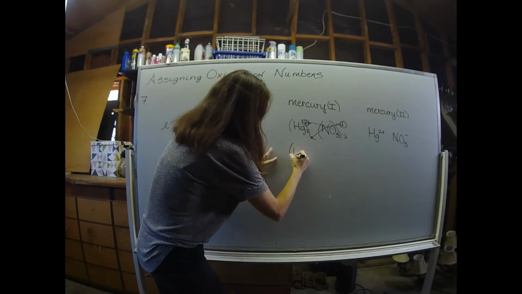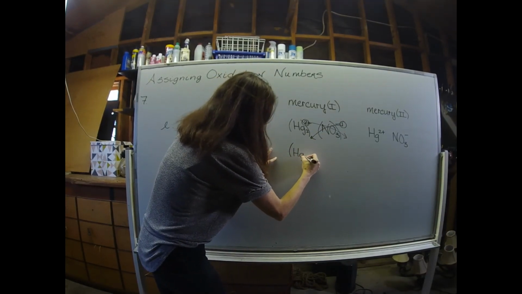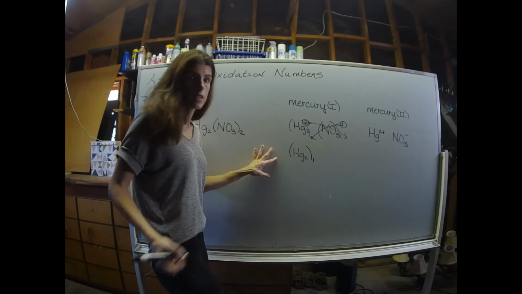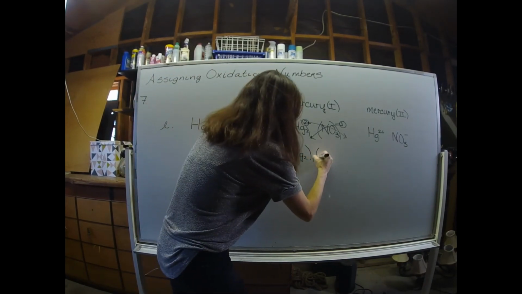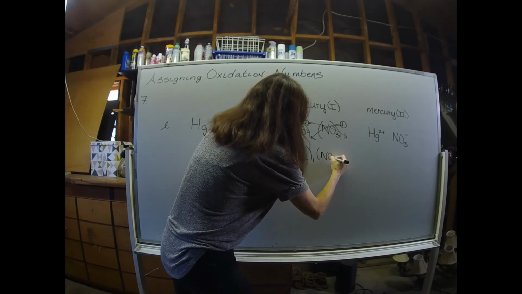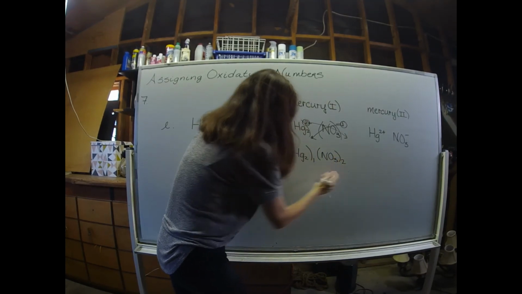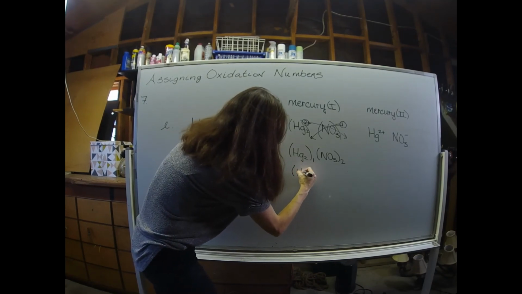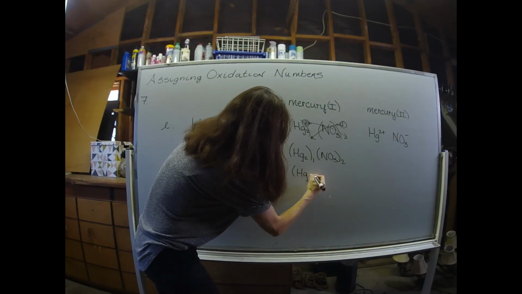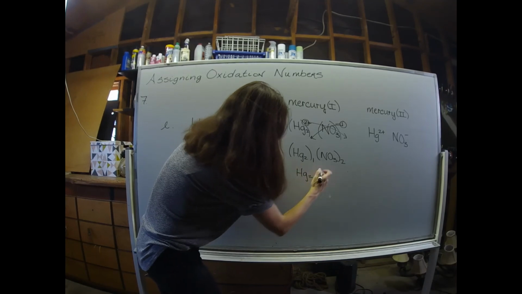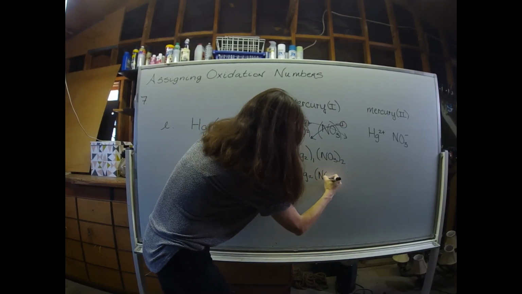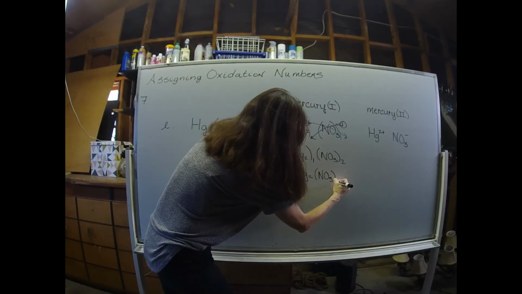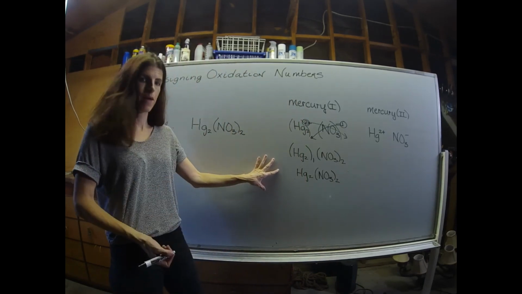So I'd wind up with Hg2 with a 1 outside the parentheses, and then the nitrate would have a 2 outside the parentheses. We can get rid of the parentheses when there's a 1 involved. So we'll do Hg2 and then NO3 2. And that looks like it's a match.